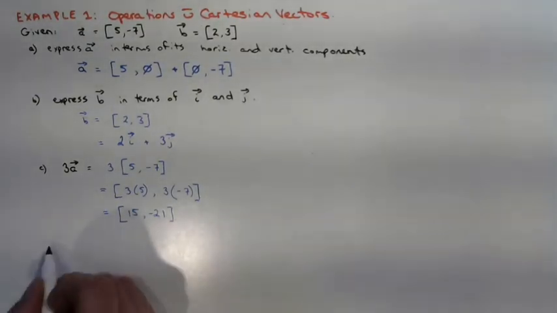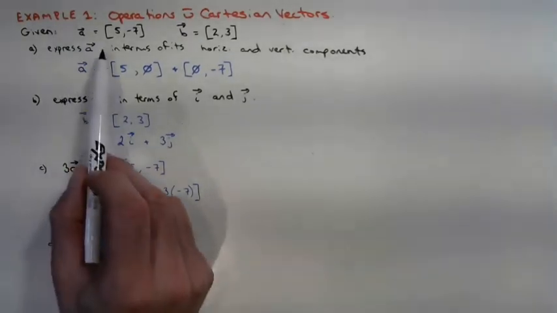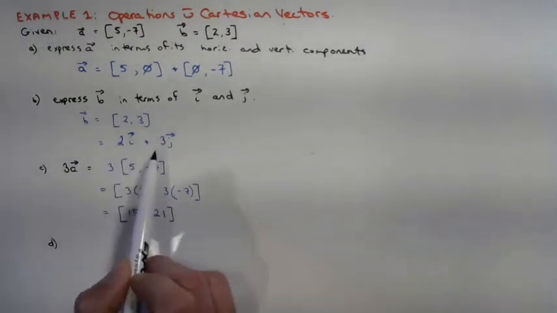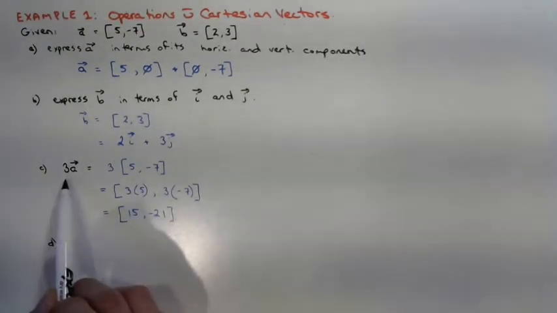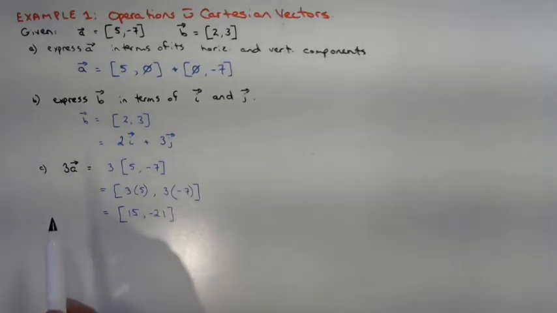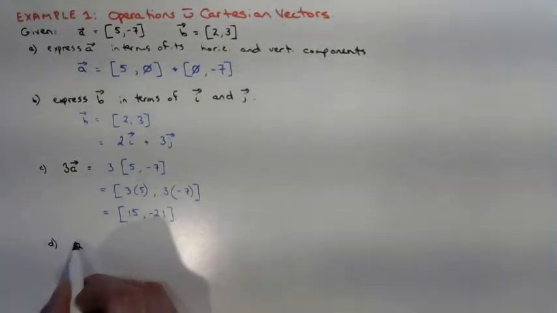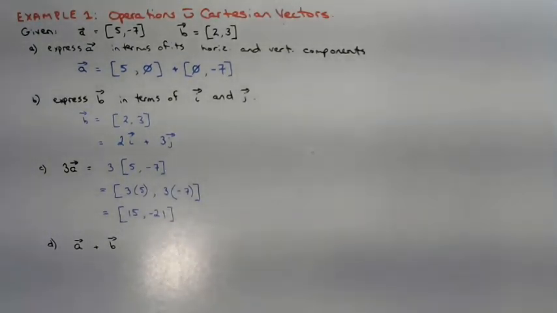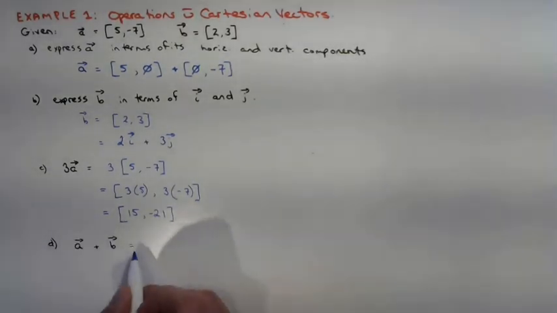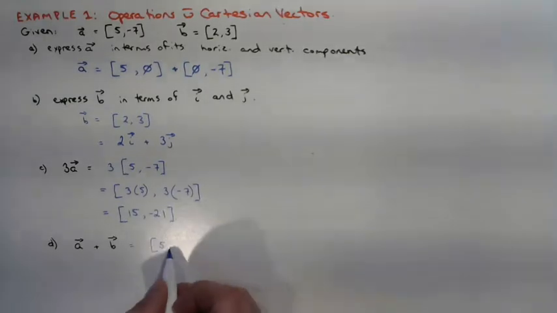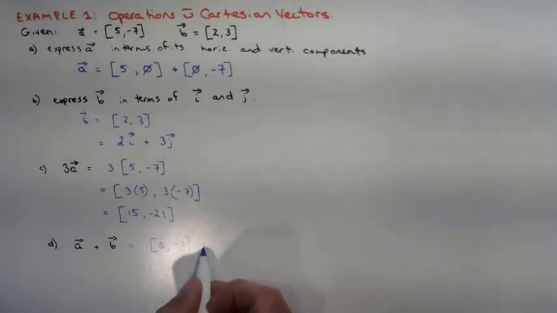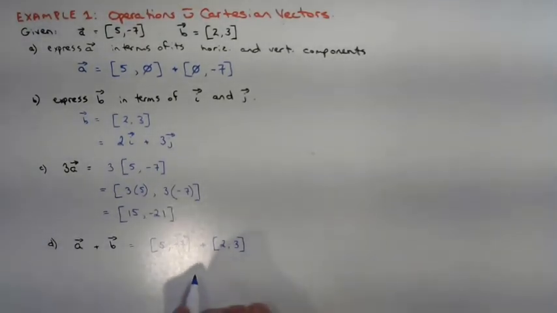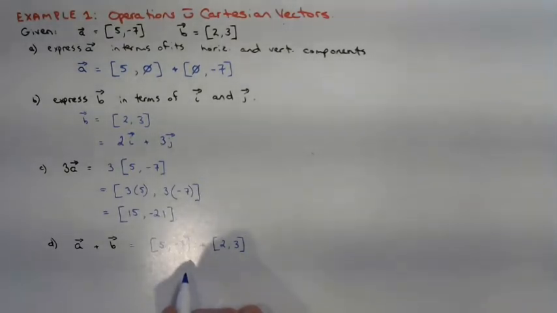Moving along, D. So what have we done? We've expressed A in terms of horizontal and vertical components. We've expressed B using the unit vectors. And now we've done a multiple of position vector A. Now we're going to do the sum of A plus B, position vector A plus position vector B. So all we need to do here is take these two position vectors, 5, negative 7, plus 2, 3, and split them into their horizontal and vertical components.